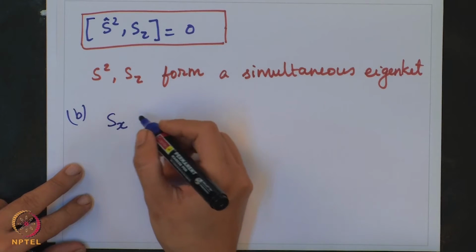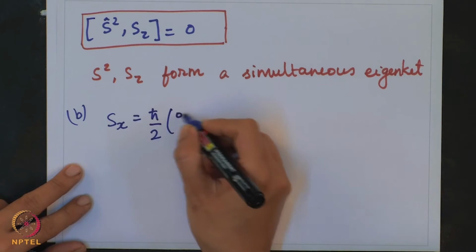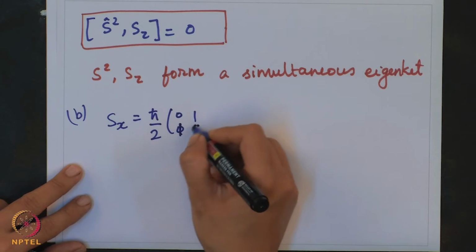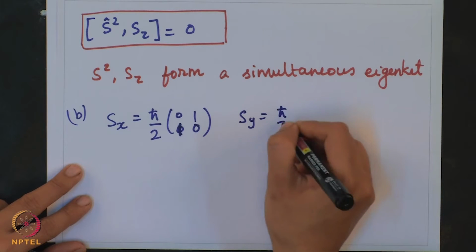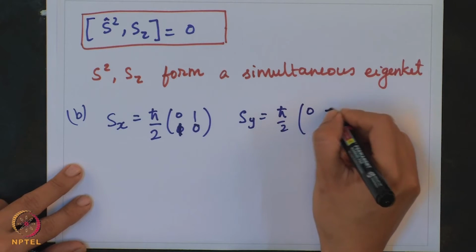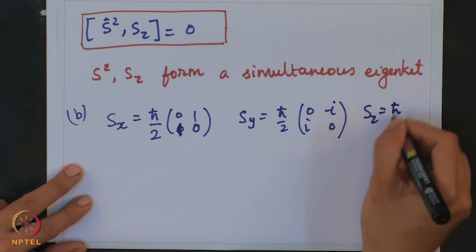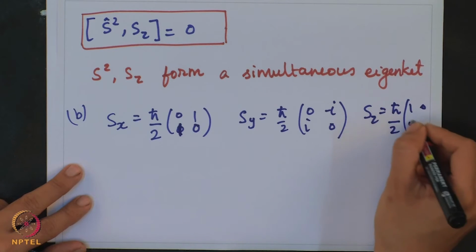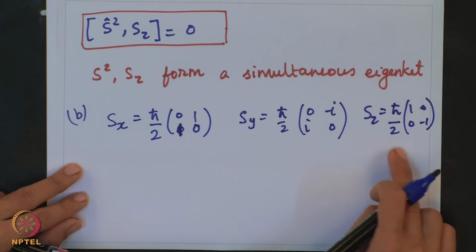Now you can write Sx in terms of Pauli matrices. We have seen that Sx is ħ/2 times the matrix 0 1, 1 0; Sy is ħ/2 times 0 -i, i 0; and Sz is ħ/2 times 1 0, 0 -1. See, Sz is a diagonal matrix.